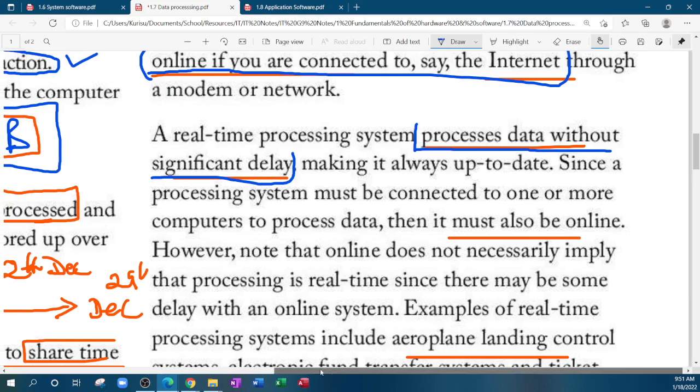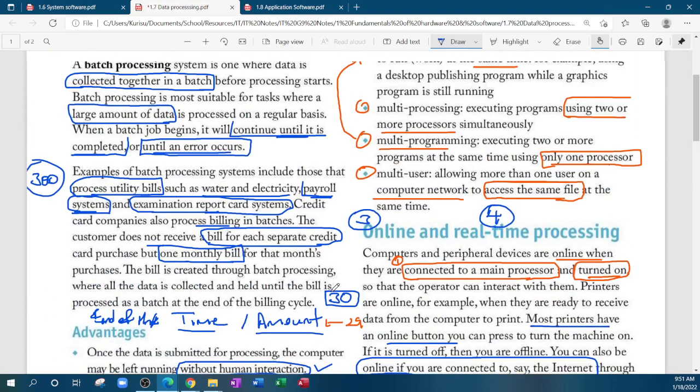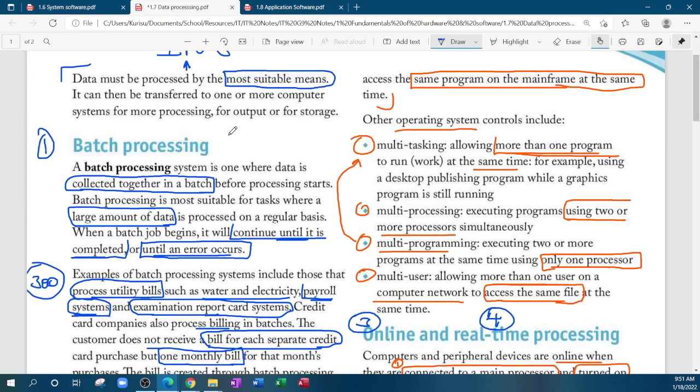So if you think about it, remember we started in the beginning, we have these different ways of processing data, and which is more suitable. When we have to process data, we have to choose which is more suitable. So if we think back to the billing system, your electricity bill, excuse me, what do it use? Yes. So choosing the most suitable data processing, a billing system, looking at your electricity bill.